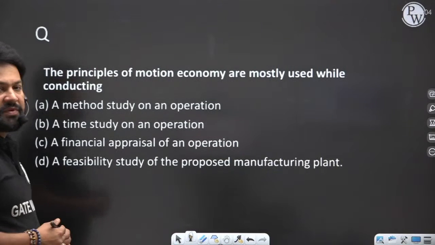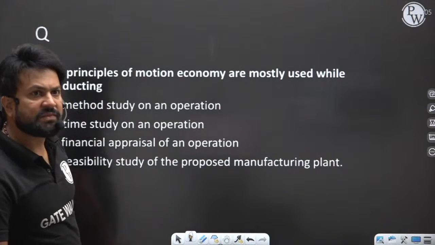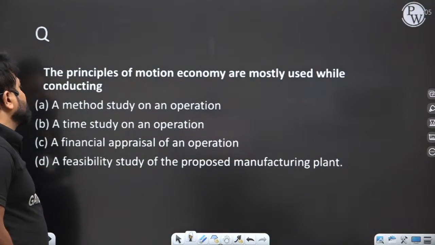The principles of motion economy are mostly suitable while conducting what?